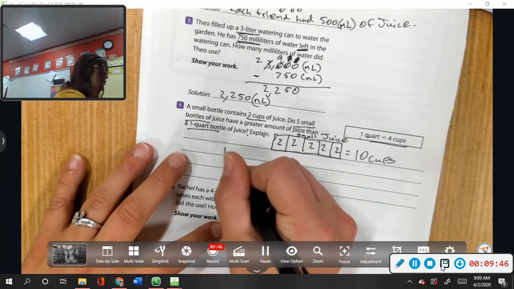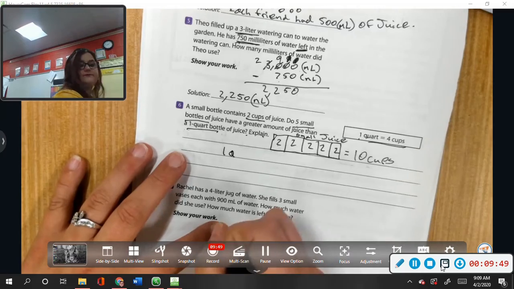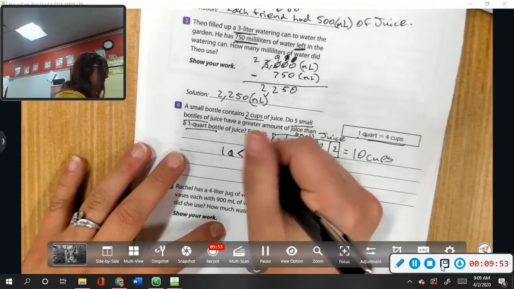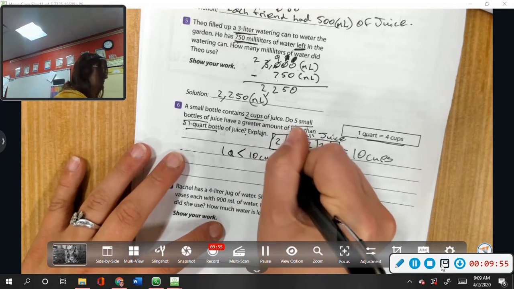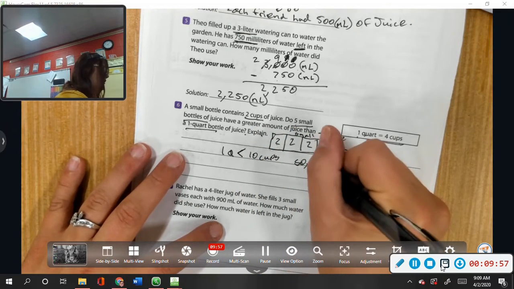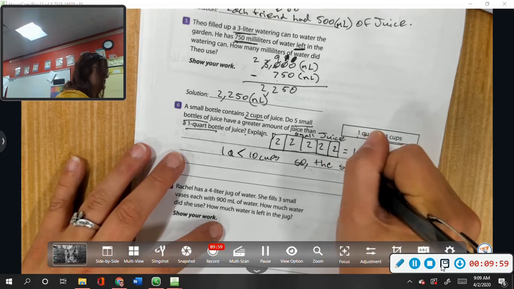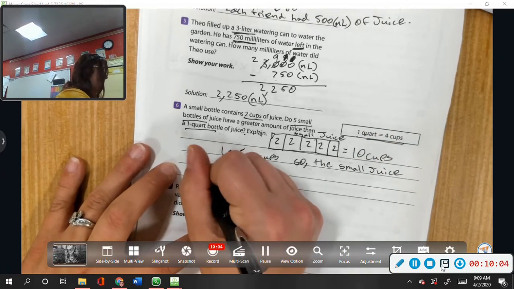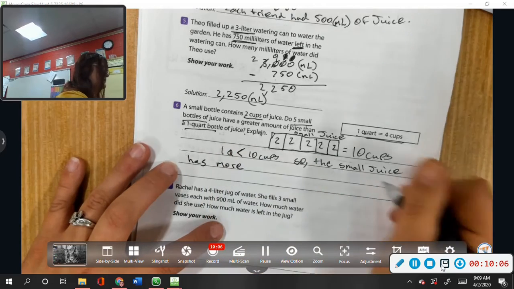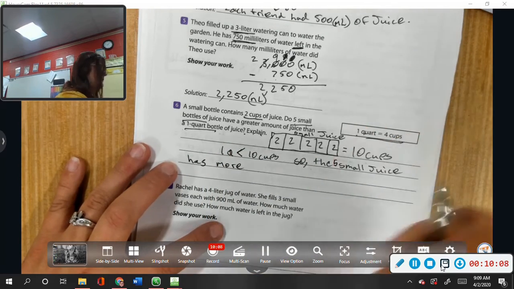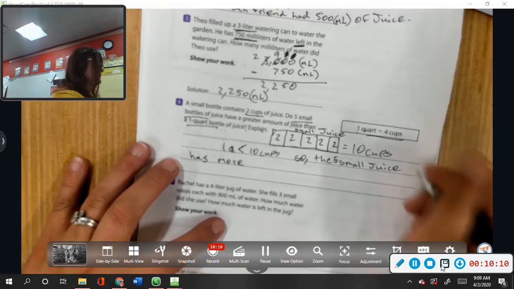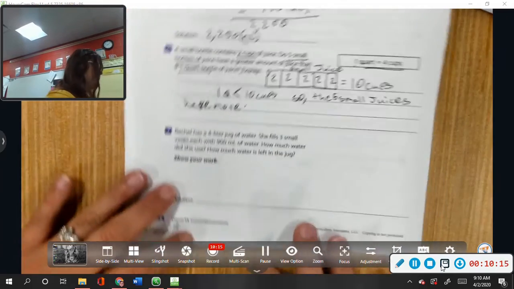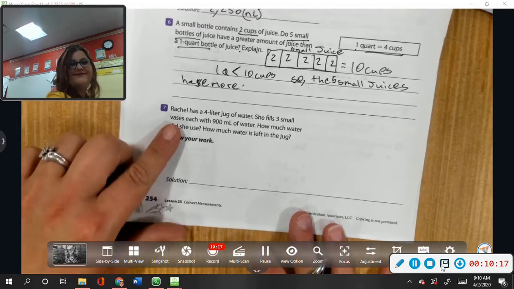So 1 quart is actually less than 10 cups. So the 5 small juices have more. There we go. And then I'm going to leave number 7 on y'all.